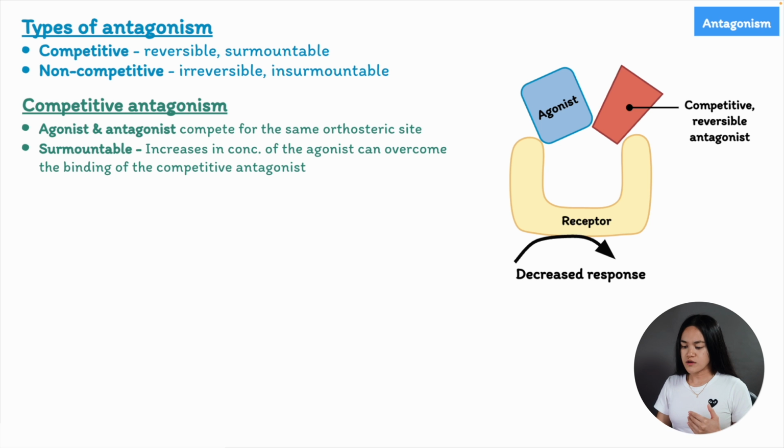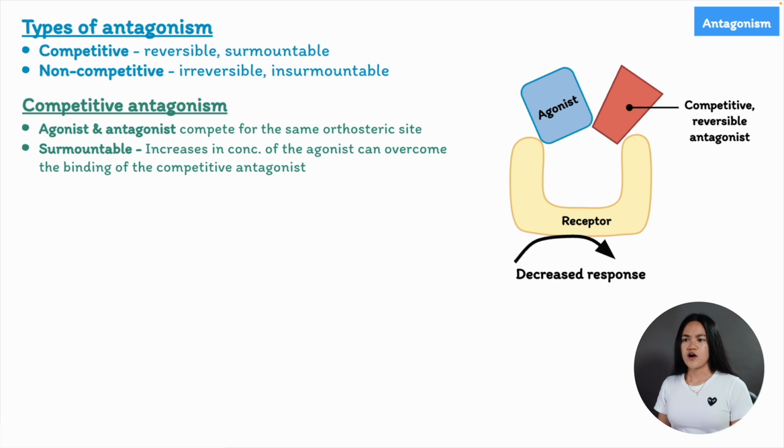Okay, so if the agonist drug is present in 1,000 times higher concentration than the antagonist, more agonist molecules will bind to the receptor compared to the antagonist, okay? So this ability to overcome antagonism by increasing agonist concentration is referred to as surmountable response. Surmountable means that the antagonism can be overcome with a sufficient concentration of an agonist drug, all right?